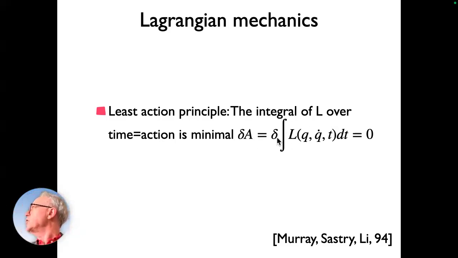So the variation of that integral of the action is 0. That's a prerequisite for the action being minimal. You can actually derive all of mechanics from that postulate. And that has its equivalent in quantum mechanics. Some of you might know the Feynman integral is actually exactly that.